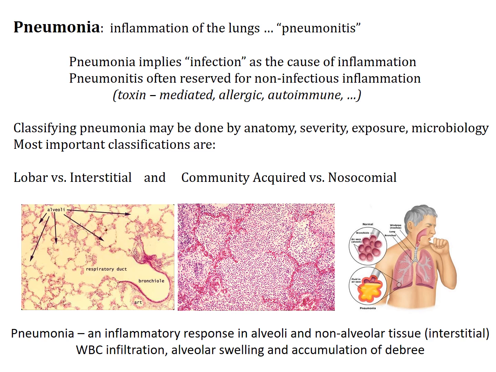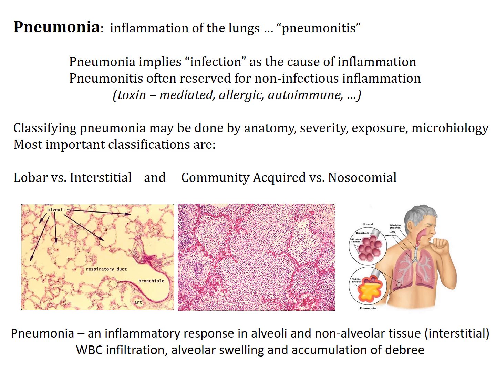All right, let's get out of the sinuses and we're going to wrap this up and talk about pneumonia for a little bit. Inflammation of the lungs, pneumonitis. Now, let's be careful in some of the terminology here and how people like to talk. Pneumonia is going to imply infection.